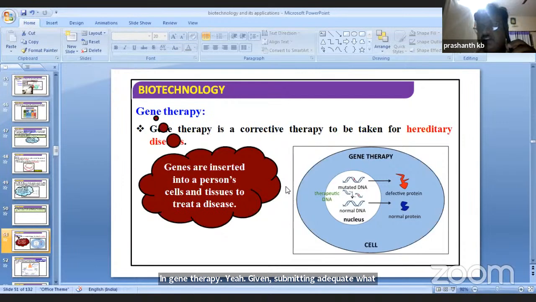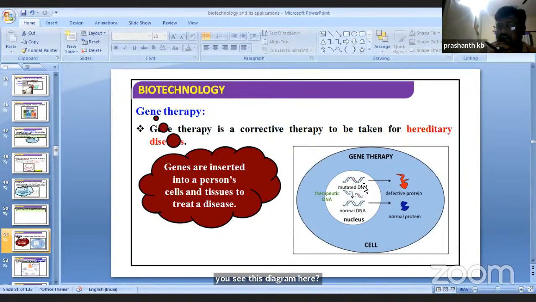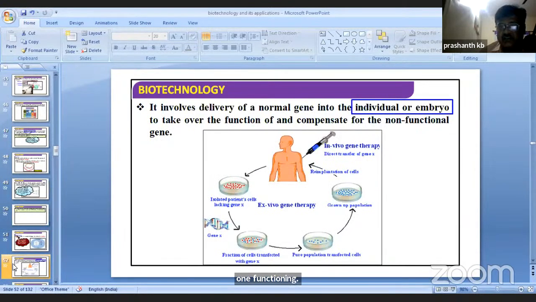It is used in treating a lot of diseases. Can you see this diagram here? Normal DNA, mutated DNA. Removing the mutated one and replacing it with the normal DNA, then normal functioning of the cells takes place. That is called gene therapy.